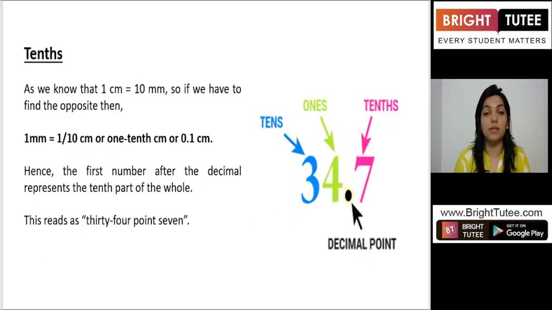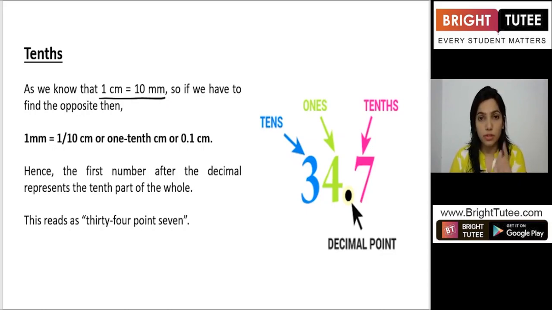What we are going to understand is tenths. As we know, 1 centimeter is 10 millimeters. As I said, in your scale, if you look, between two numbers you will see small 10 divisions. These small 10 divisions that you see are basically representing 10 millimeters.